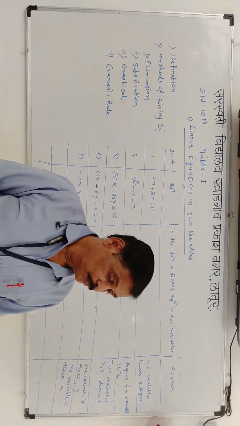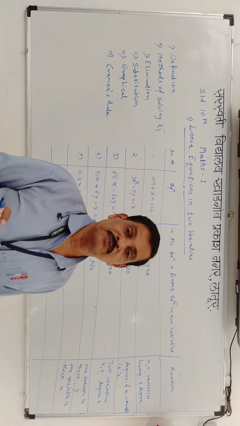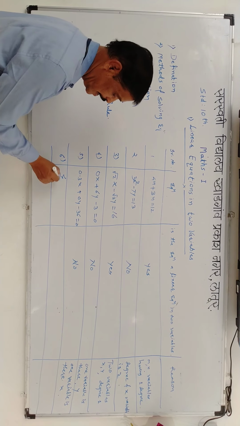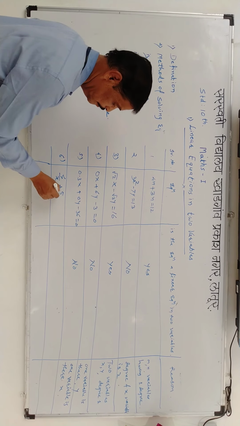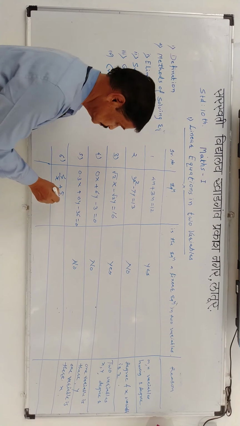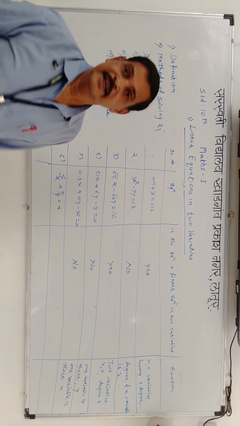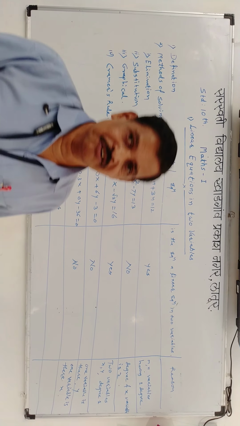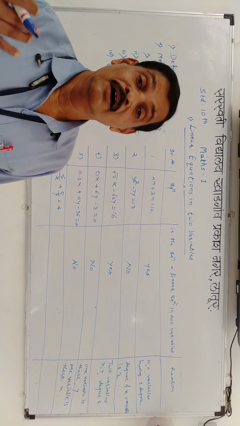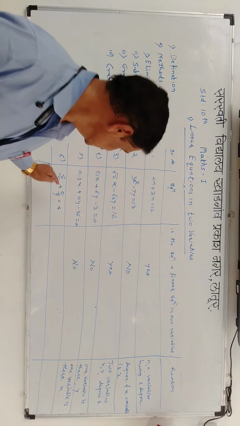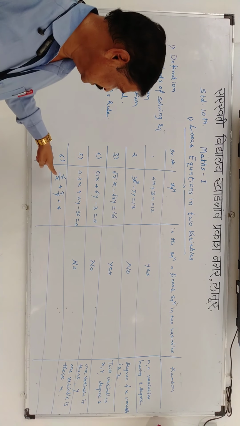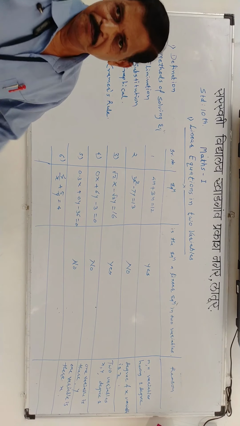Next, 4yx plus 5yy is equal to 4. Is it a linear equation in two variables? Two variables are there, but what is the degree of this equation? What is the degree of the polynomial? What is the degree of x and y?